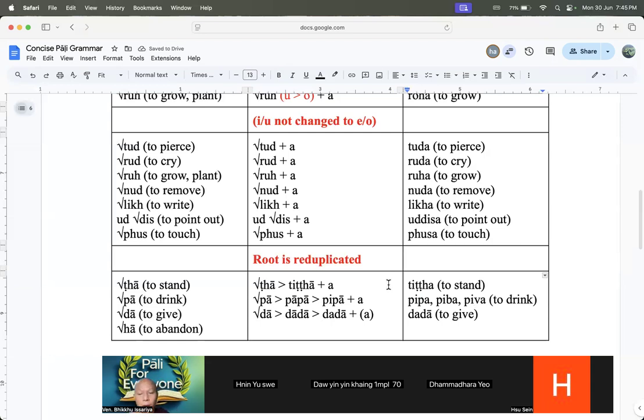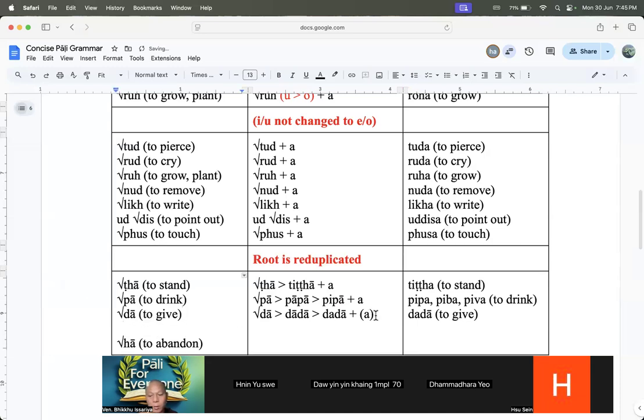So we have another special change for this one root da, but so da is changed to the day. So even though we used R, but this R is removed.